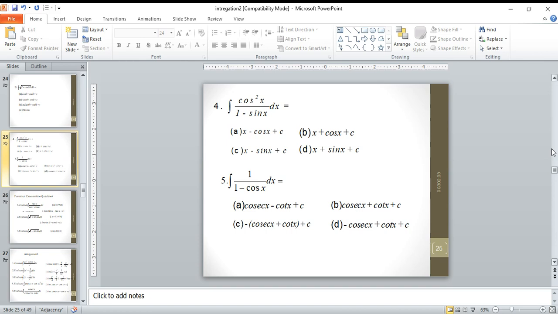The numerator 1 minus sin x and the denominator 1 minus sin x cancel. Remaining is 1 plus sin x. The integration of 1 is x, and sin x integration is minus cos x plus c. So A is the correct answer.